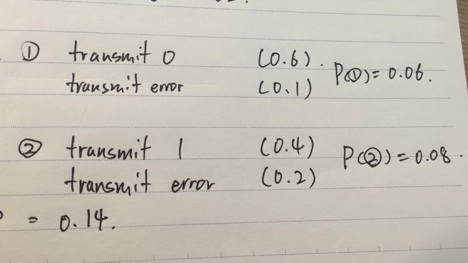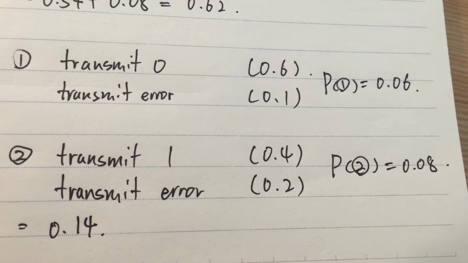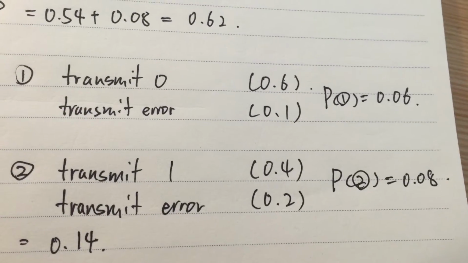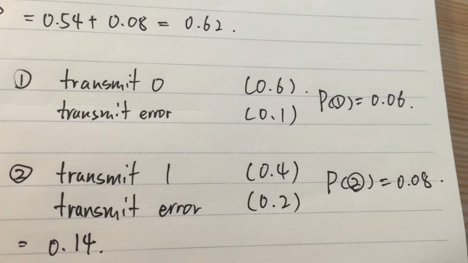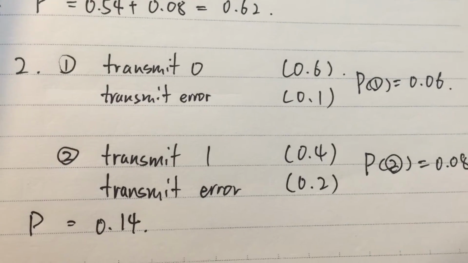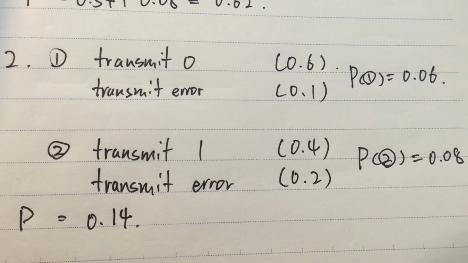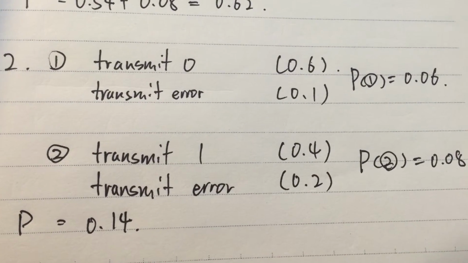So the probability is 0.2. So the probability of way 2 is 0.08. We add the two probabilities up, and we can get the whole probability that an error happens. It is 0.14. That's all.